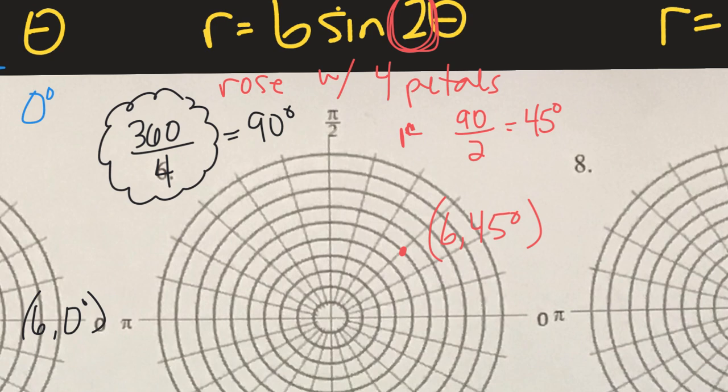So for sine, the first petal we define by doing 90 over b, the number in front of theta. And then to figure out how far apart they are, we do 360 divided by how many petals. So 90 degrees is going to come over to here. There's our second petal. 90 degrees again down here in the third quadrant. And then 90 degrees in the fourth quadrant.